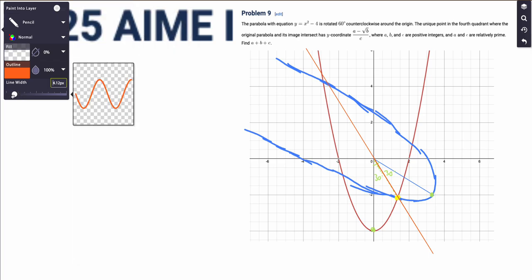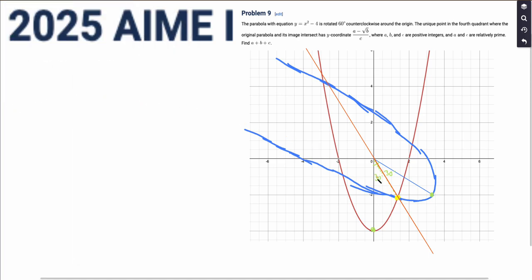And so what we know is that if this is 30 degrees, and we want to calculate rise over run, well, then say the yellow point has the x coordinate of x. So that means that this length is x, and this is a 30, 60, 90 triangle, with this being the right angle. So this is going to be x root 3. So here your y value is going to be negative x root 3.